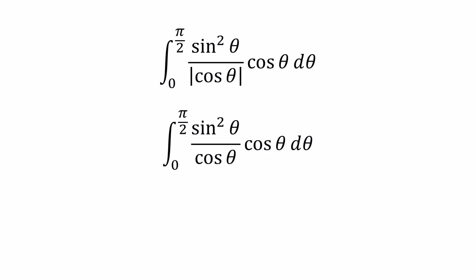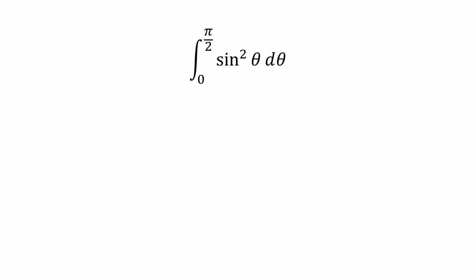Simplifying gives the integral from 0 to pi over 2 sine squared of theta d theta.